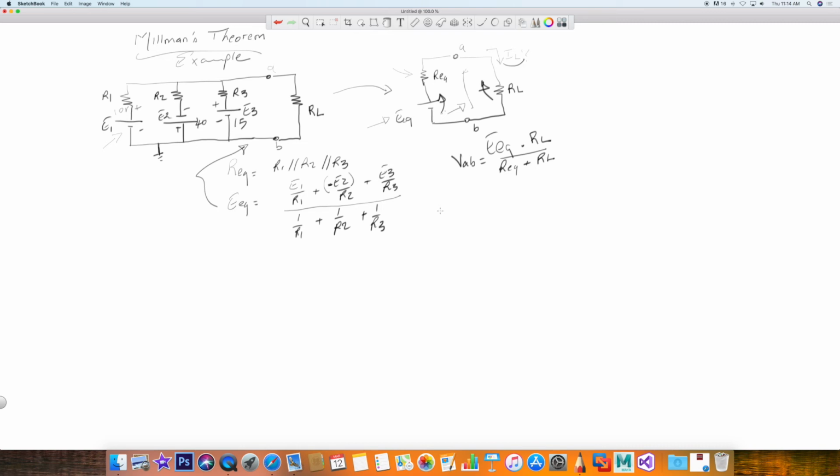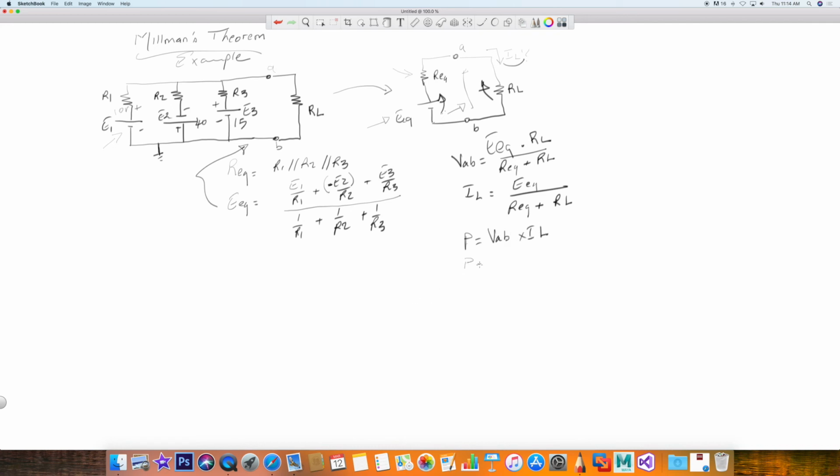Okay, so what would be IL? Well, IL, if you're looking at it this way again, will be E equivalent divided by R equivalent plus RL. Okay? So what would be the power? P will be equal to VAB times IL. Now you could do it that way.